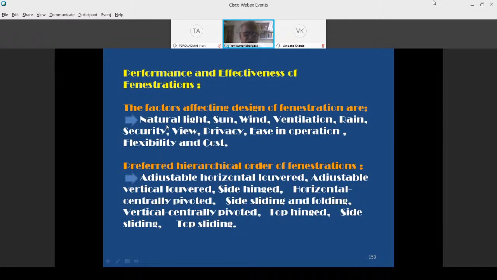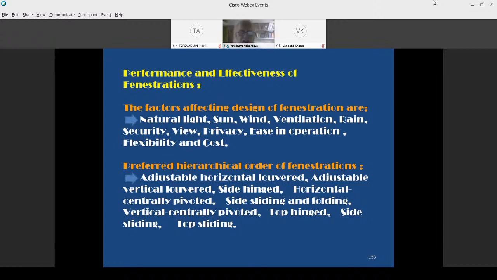Now, for example, how many elements are here? 1, 2, 3, 4, 5, 6, 7, 8, 9, 10, 11. Suppose 10 elements are there. In case there are 10 factors, give 10 weightage to each factor. Total weightage is 100.